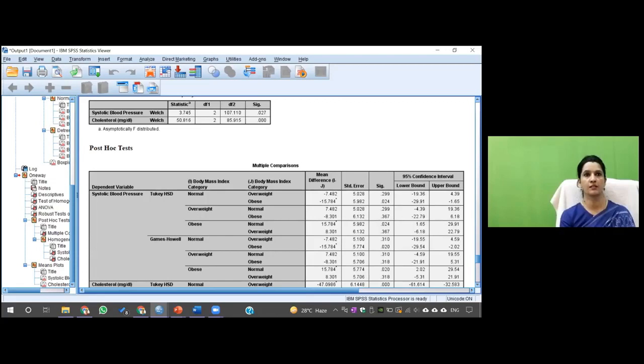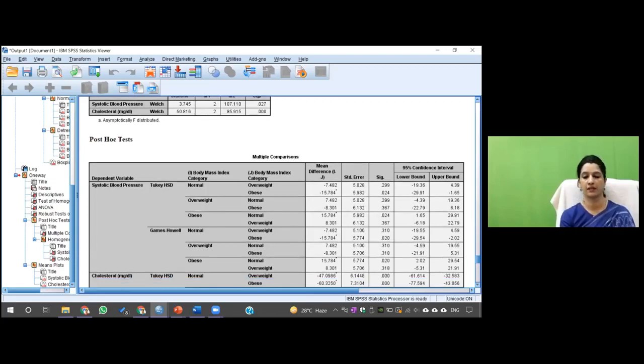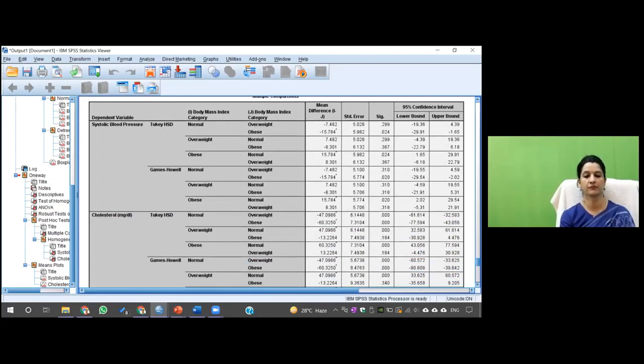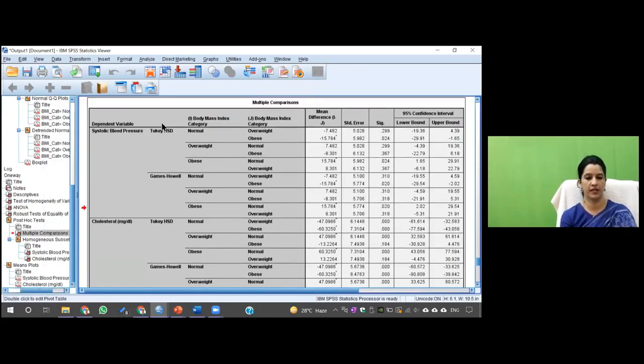So now you can see this multiple comparison, right? It gives you both the values, the values of Tukey's as well as the Games Howell. Why? Because if the homogeneity of variance is met, then you will take the Tukey's. So in case of systolic blood pressure, what should I take?